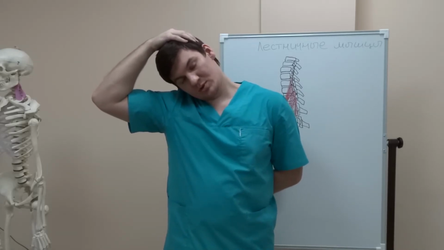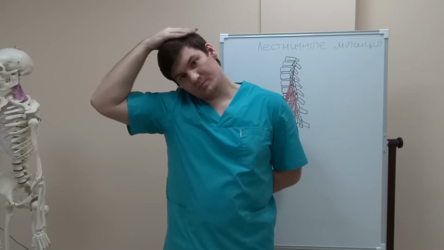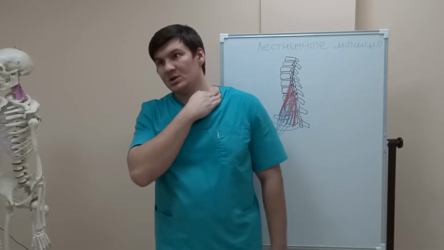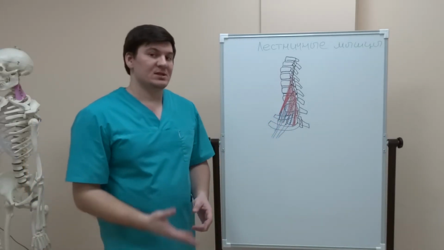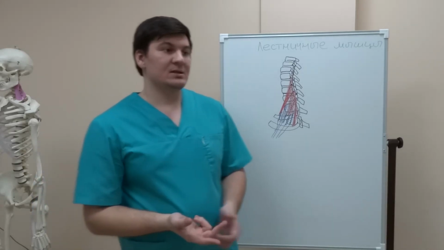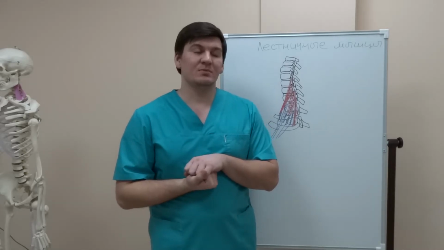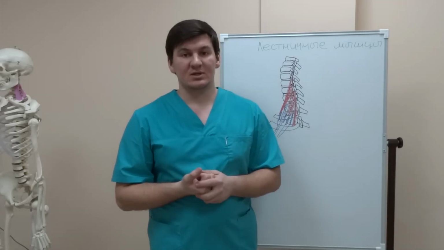Your head goes to the opposite shoulder, and there will be a feeling of stretching on the side surface of the neck. In this case, several muscles are stretched at once. Here the front, middle, and back scalene muscles are stretched, the muscle that lifts the shoulder blade, and even part of the upper trapezius. But the main point is that you will stretch exactly the necessary muscles.